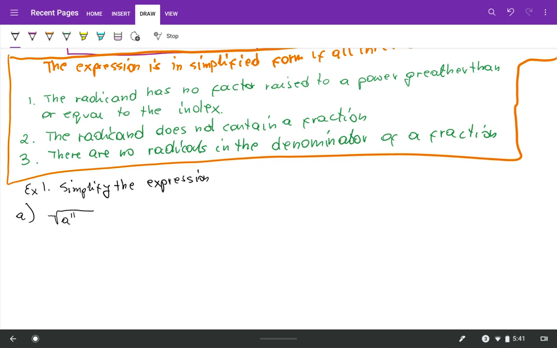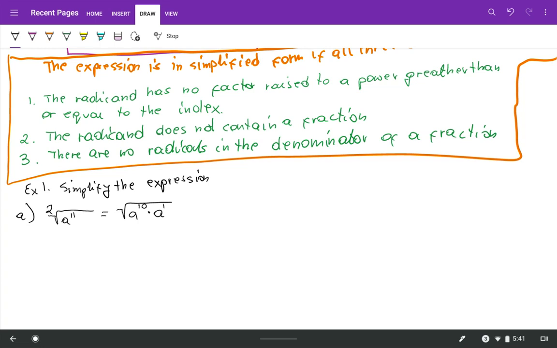Okay, so how are we going to simplify that expression? We know that the index of this radical is 2. So we can rewrite the square root of a to the 11 as a raised to the power of 10 times a raised to the power of 1.